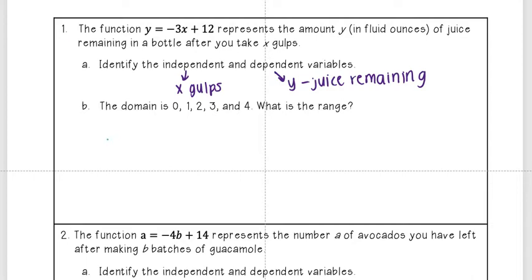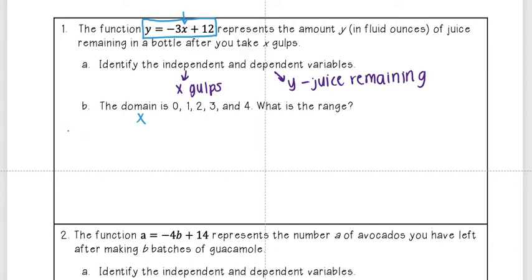Okay, now for the next one, it says that the domain is 0, 1, 2, 3, and 4. What is the range? So when we're doing this, my domain is all my x values. So it's what I'm inputting into the equation. And so I have my equation right here. I have my x values. So now to find my y's, I just need to plug in my x values into this equation.